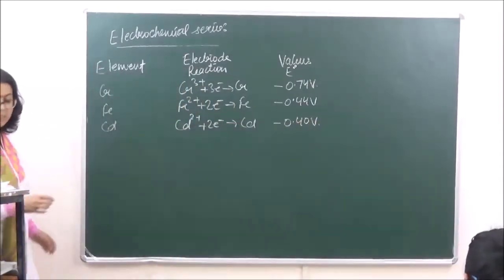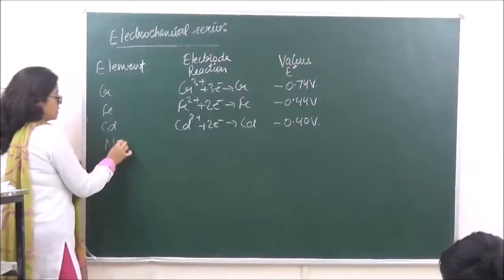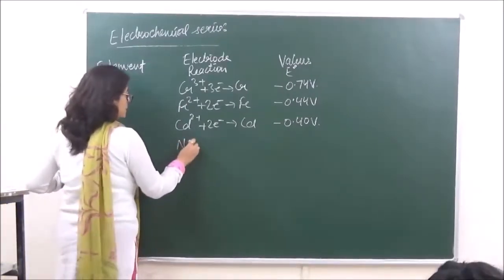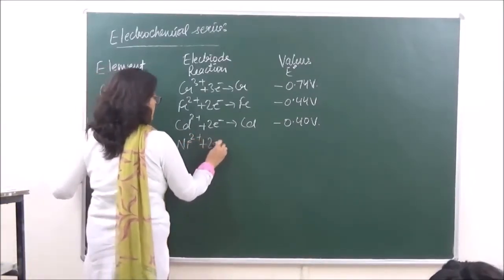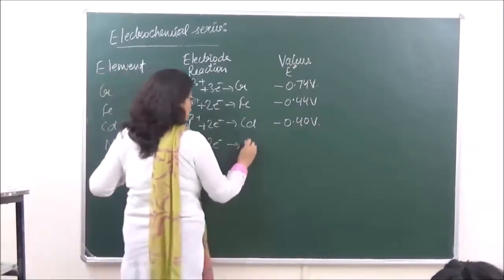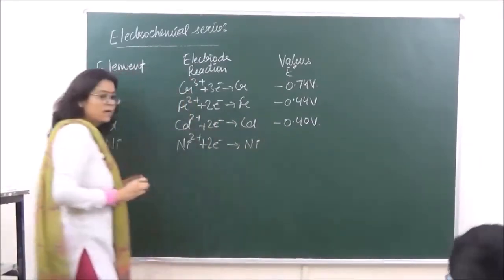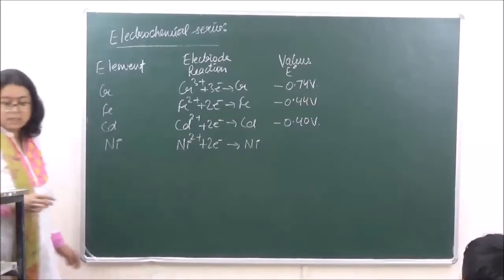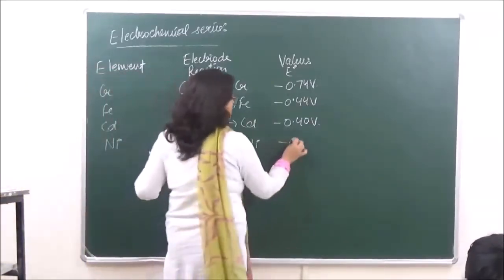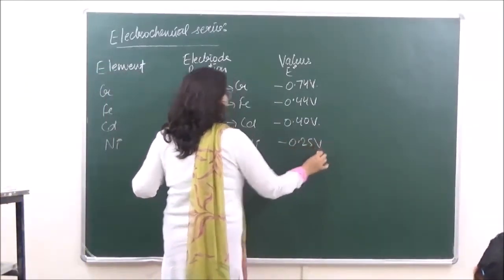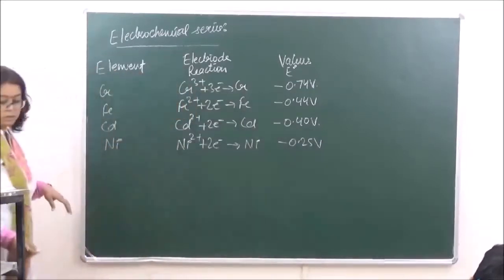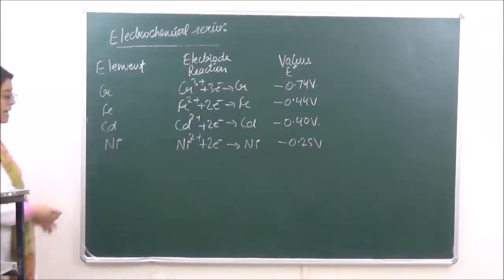After cadmium is nickel, to give nickel, and the value is minus 0.25 volt.